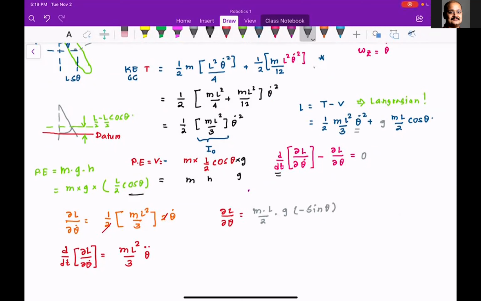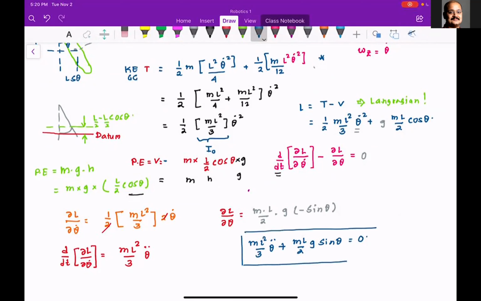Now put everything together. You can actually cancel out a lot of terms. This is the differential equation of motion.